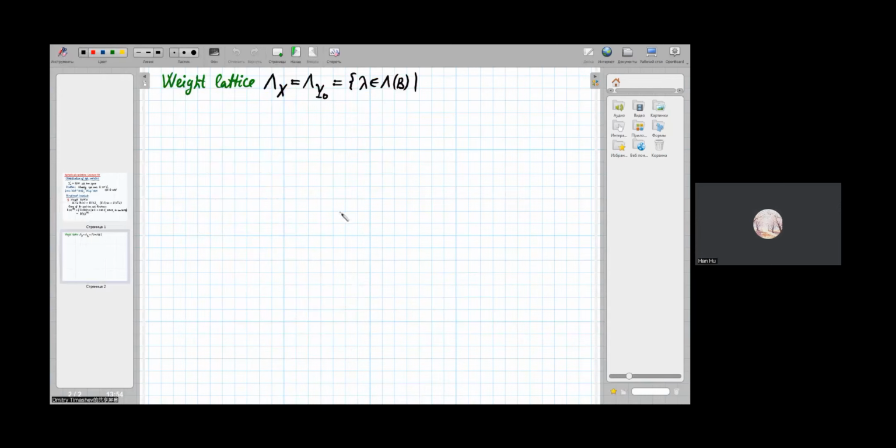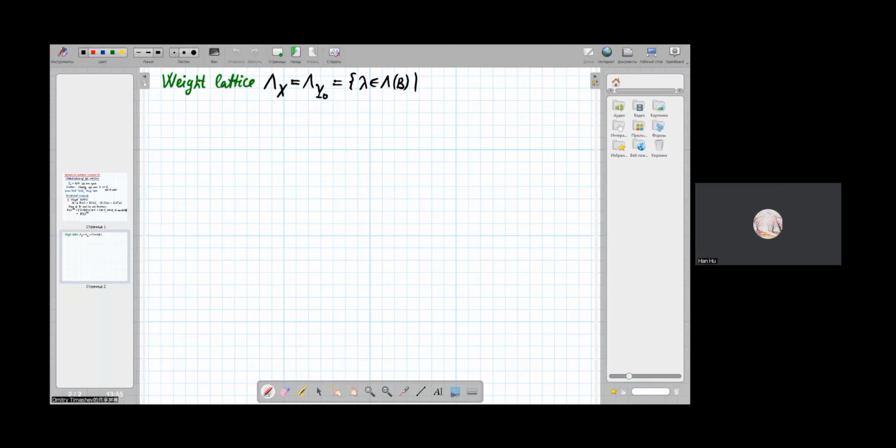Okay. So let me finish the definition of the weight lattice. So this lattice consists of all characters of the Borel subgroup occurring as eigenweights of some semi-invariant rational function.